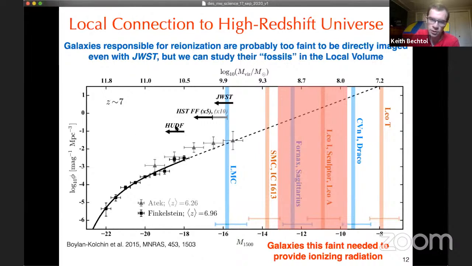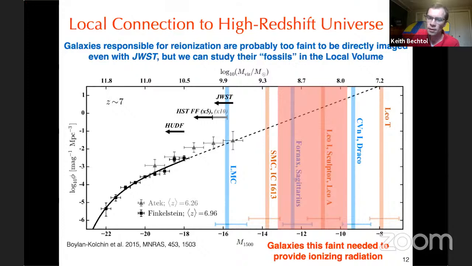And what's really interesting is that even in the most sensitive deep field observations we have today with the Hubble Ultra Deep Field, and even in the future with the James Webb Space Telescope, if we were looking directly back in time, maybe we'd be able to see an analog of the Large Magellanic Cloud, basically the largest of the satellites of the Milky Way.